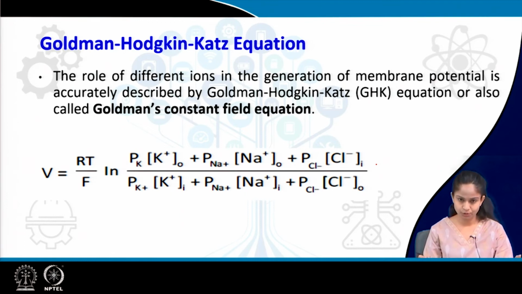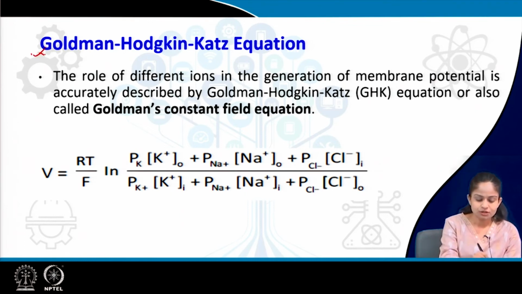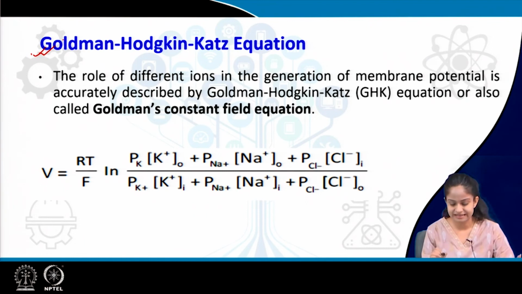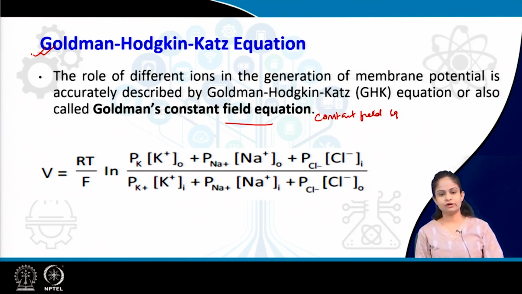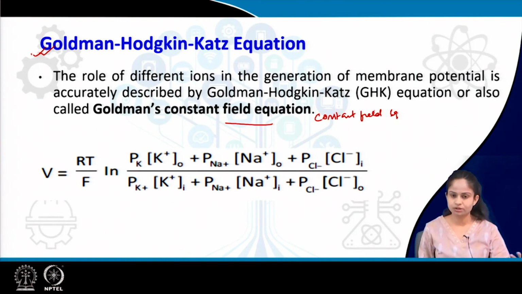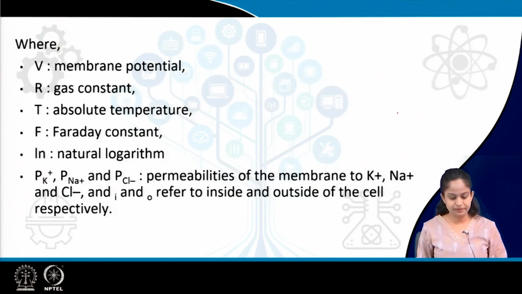So, at that point of time we use the Goldman-Hodgkin-Katz equation or constant field equation, where we take into consideration not only one ion but other ions also, mainly sodium, potassium, chloride. You do not have to remember this formula as a whole, but what is very important is the Nernst equation, which you have to remember.